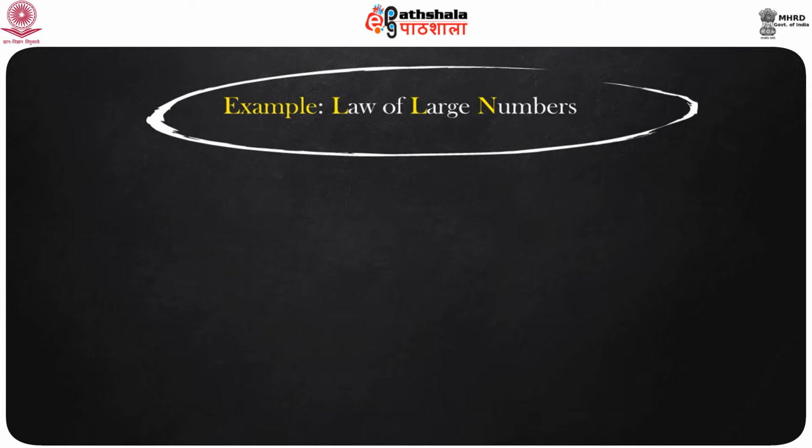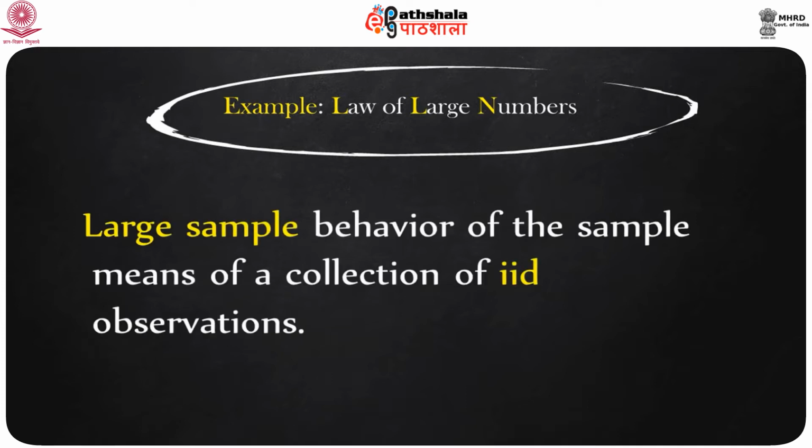So, what does the law of large numbers say? It primarily gives us the large sample behavior of sample means of a collection of IID observations. To be more specific, suppose we flip a coin again and again and calculate the average of the results of these n experiments, which is X n bar.